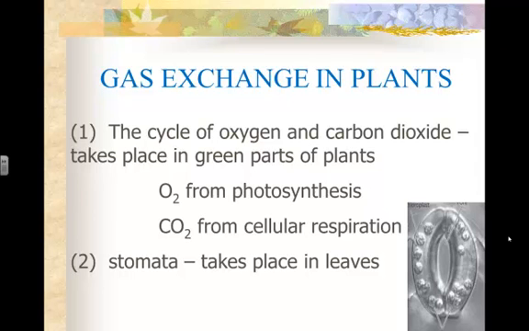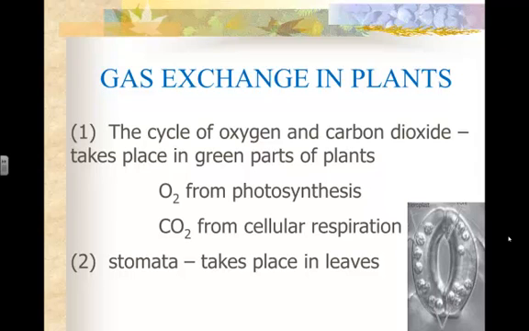And you have not only photosynthesis, but remember, every cell has to have cellular respiration. So you have oxygen left over from the photosynthesis, which is going to be used for the cellular respiration, which gives off carbon dioxide, which is going to be used for the photosynthesis.